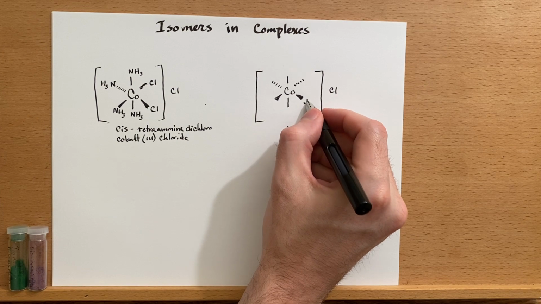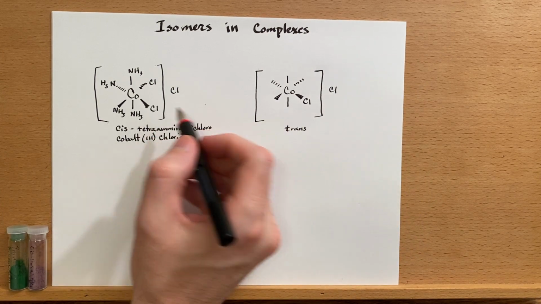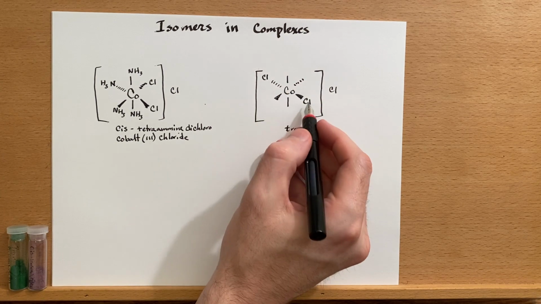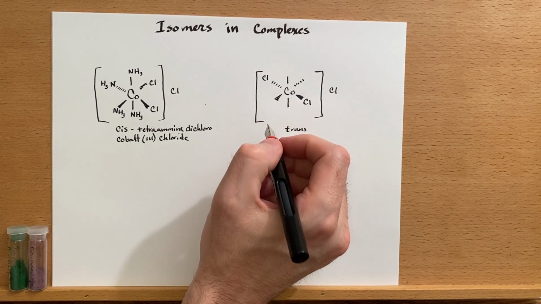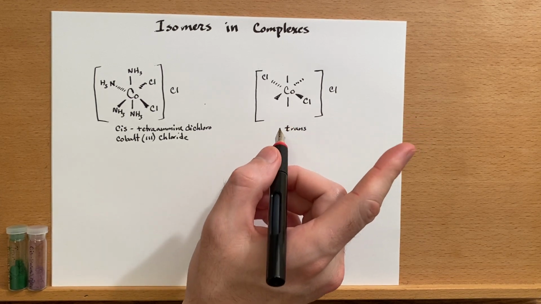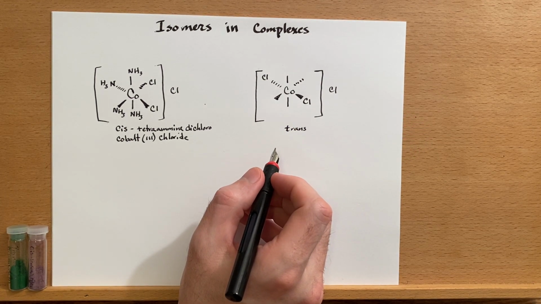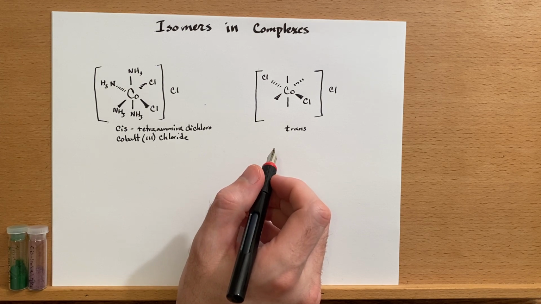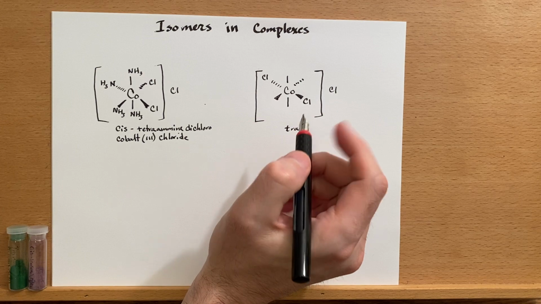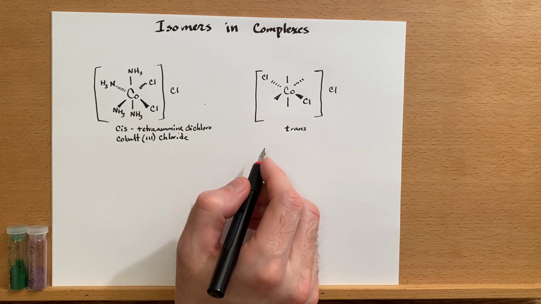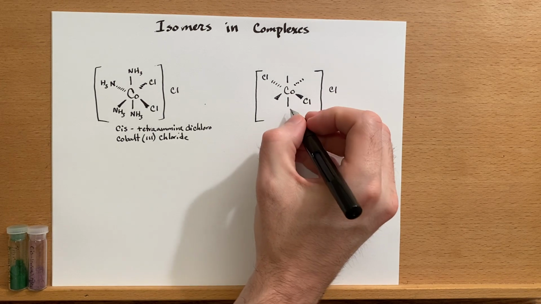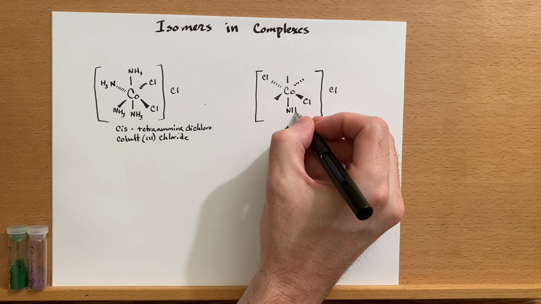So if we put the first one here, say just like we did over here, we'll have to put the second one right here on the exact opposite side of the metal. If I put it in any other location, it would be the cis configuration, the cis drawing. Put it here, here, here, or there, those are all cis configurations. Only exactly opposite is it the trans. And then we fill out the rest with our ammonias.